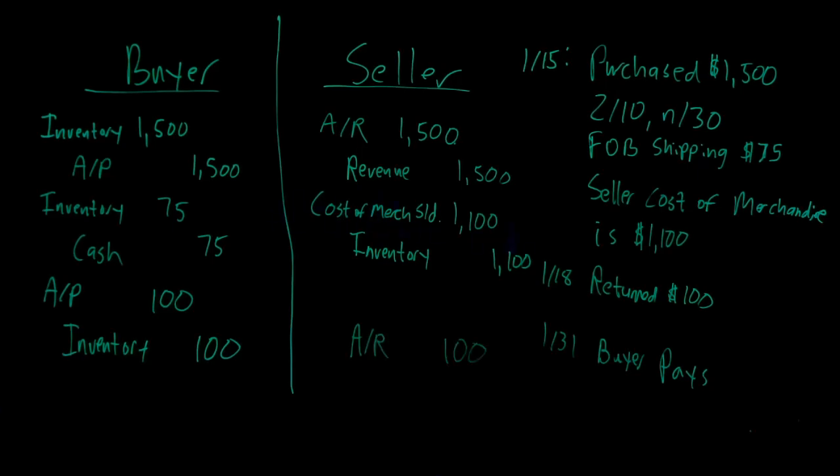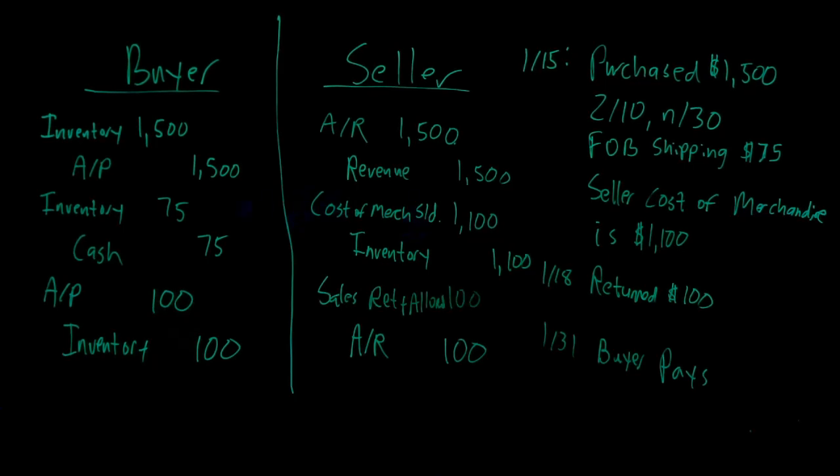So what's going to be the debit side to this transaction as the seller? We're going to record an account called sales returns and allowances. And that's going to be a debit for $100.